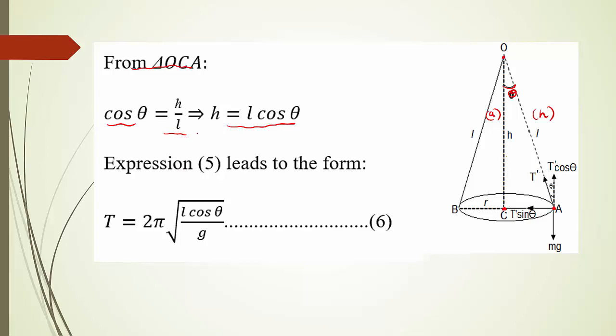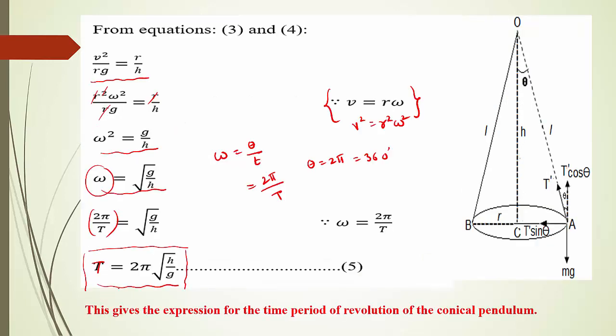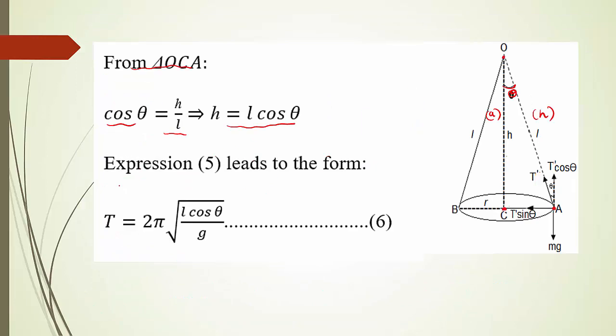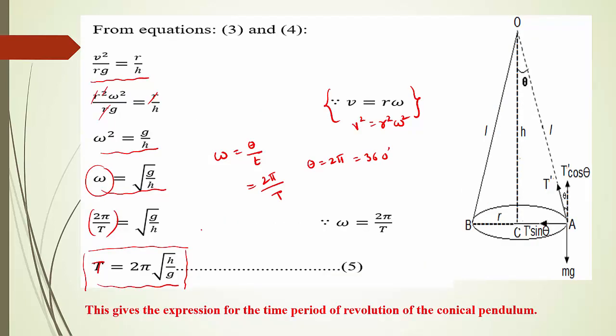In equation 5, T equals 2 pi root of H by g. In place of H, we can write L cos theta. So substituting, we get T equal to 2 pi square root of L cos theta divided by g. This is an expression for the time period of revolution of the conical pendulum.